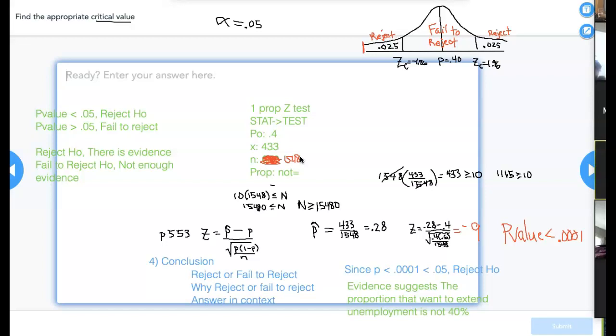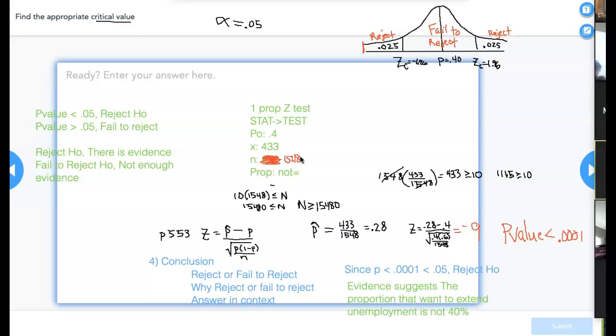We don't have to go through the conditions again because the conditions would all be the same. Our calculations would still give the same z-score because 0.28 doesn't change. We're testing if negative 9 is below 0. Okay, I'm pretty sure it is, right?